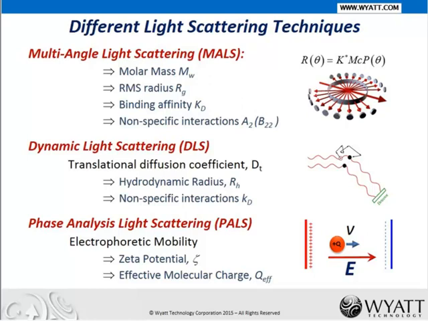Zeta potential is a good indicator of colloidal stability of nanoparticles. But because of the time constraint, I will not discuss this topic any further. I will refer people who are interested to learn more about PALS to listen to our archived webinars on our website.